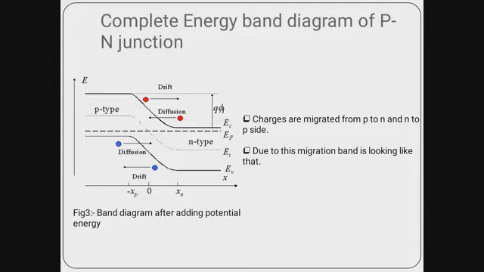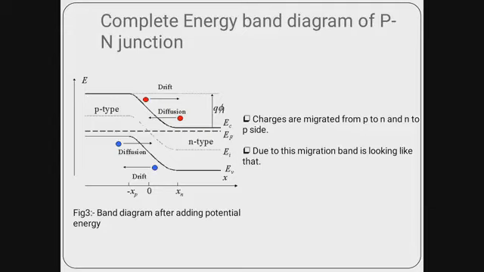The same phenomenon is happening over here. Holes diffuse from P to N side and we get drift, and electrons diffuse from N to P side and we get drift current from N to P side. Due to these migrations we get this kind of band bending structure in the PN junction.